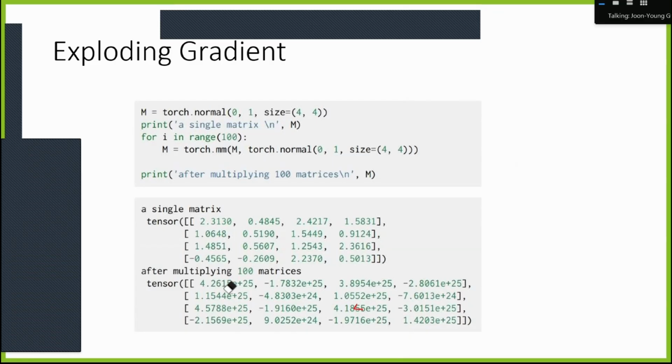So there are many matrix multiplications involved, and as the multiplication compounds through multiple layers, it's very easy to lead to exploding gradients, which could later lead to instability in the training.